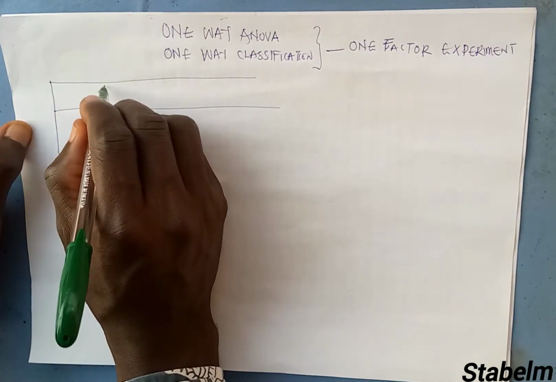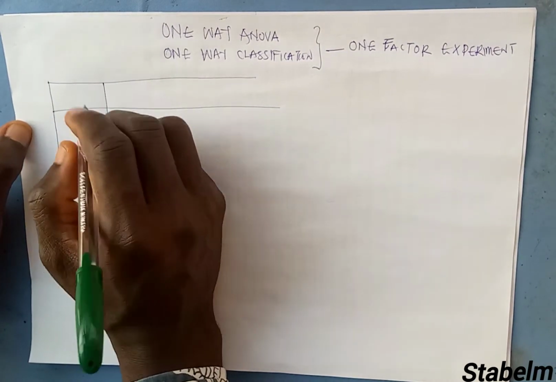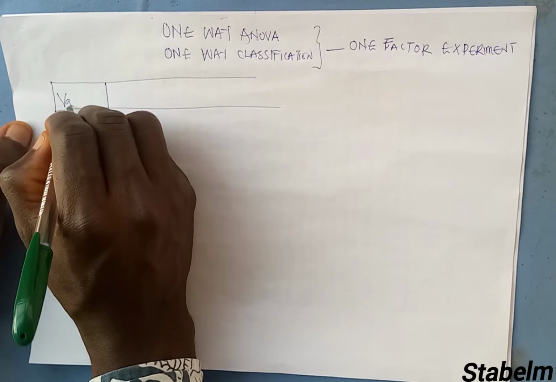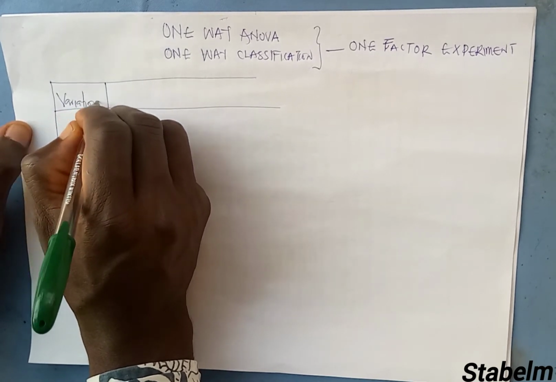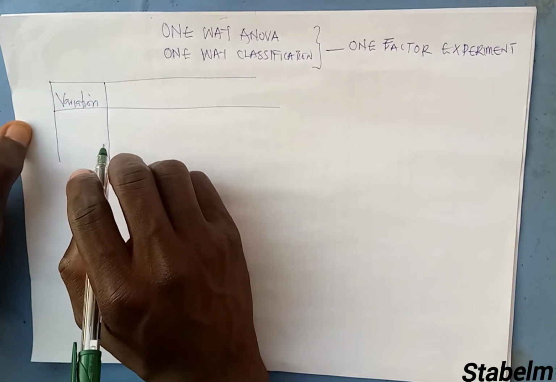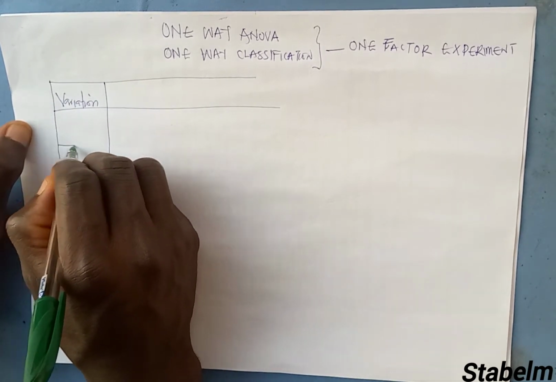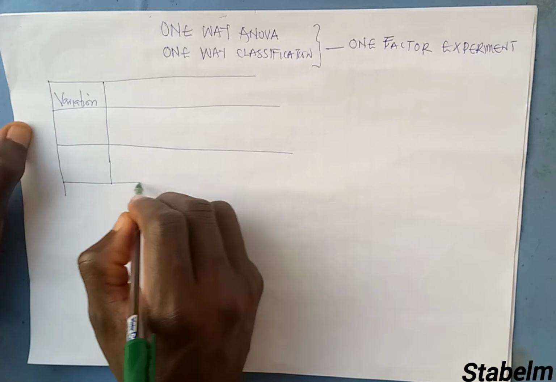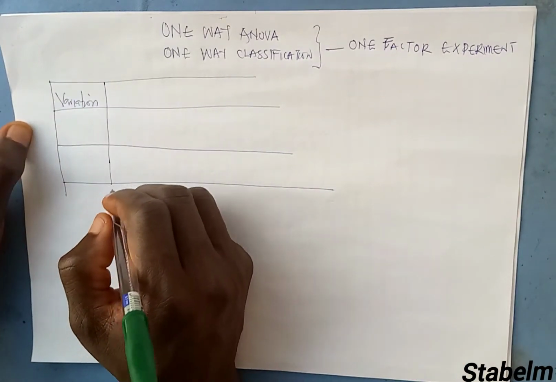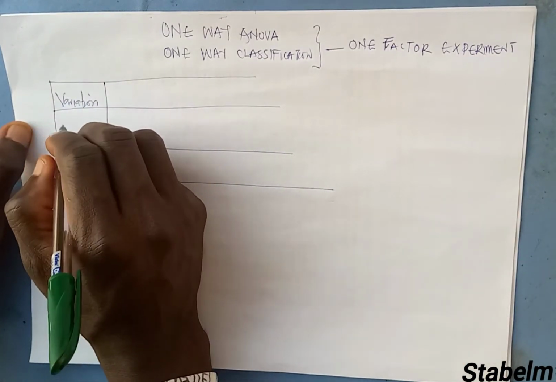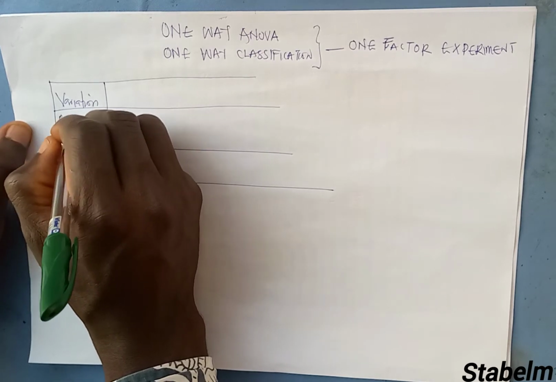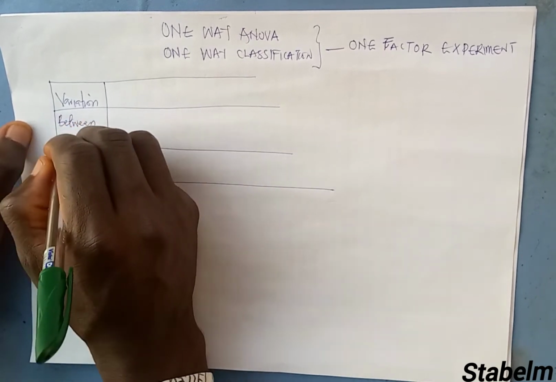So in this table, the first column, we have the variation. In this variation, what we're talking about is between treatment.